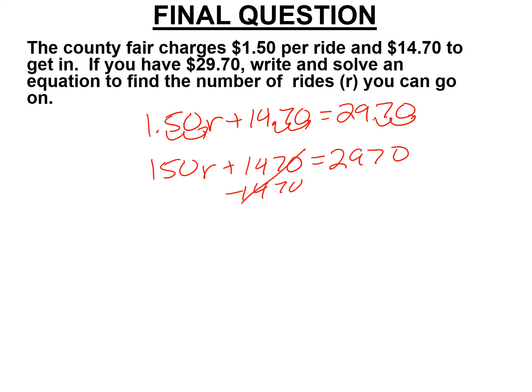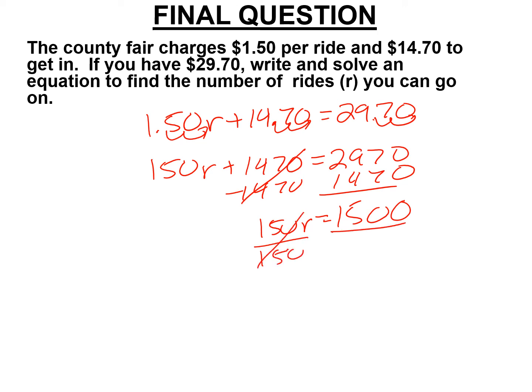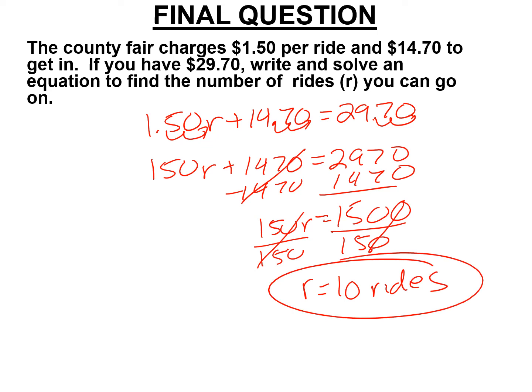We subtract 1,470 both sides. Oh, 150R equals 1,500. That could not have come out any nicer. Those zeros cross out. 15 into 150 is 10. It's 10 rides. R for rides. That's why we use those letters. Good luck on the homework.